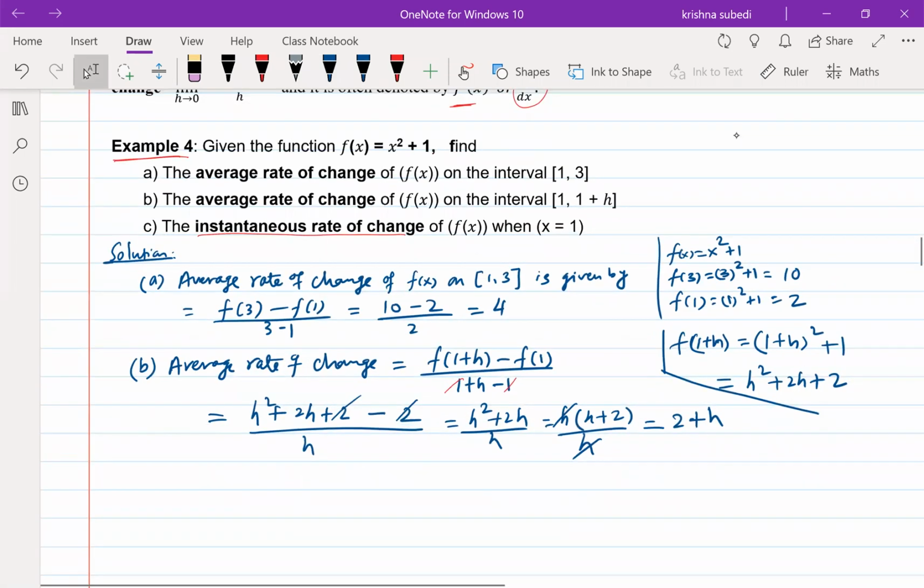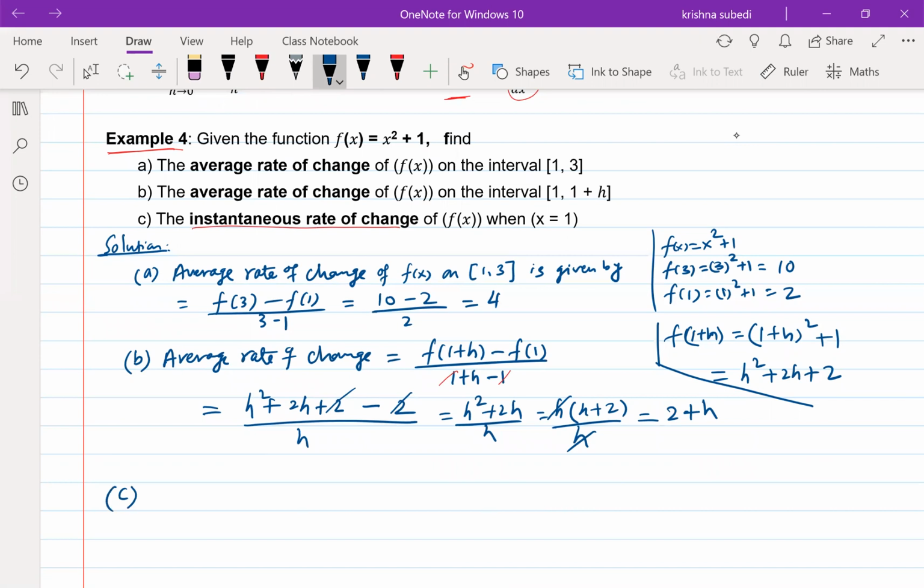Okay, now part C. Part C is the instantaneous rate of change. It is given by taking the limit of this average rate of change.